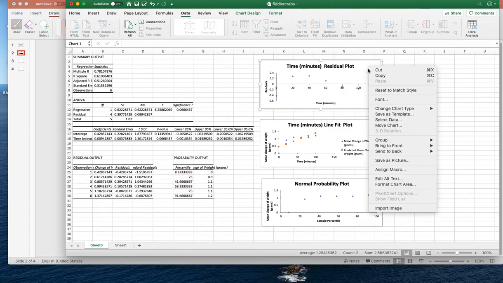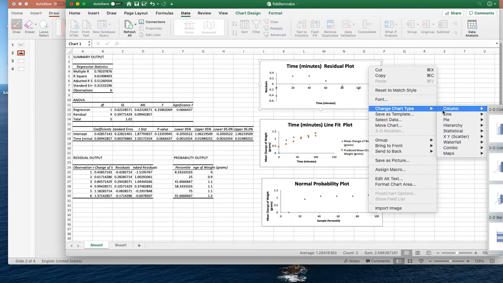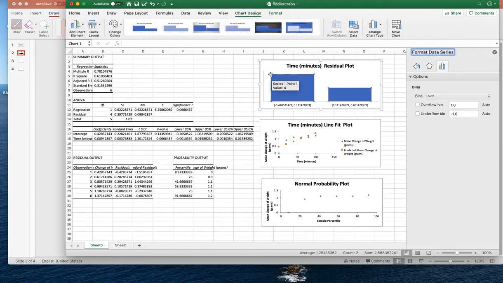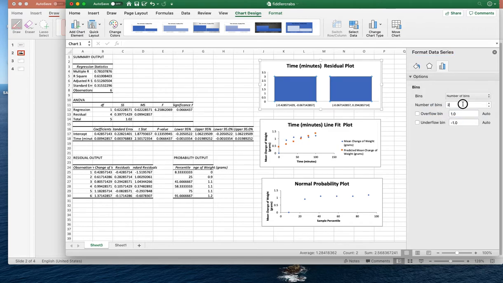We can even change this to a histogram. I right-clicked it and then hit change type, and then we hit statistical and histogram. I'm just going to change this bin width very quickly to, this uses 2, let's go up to 5.